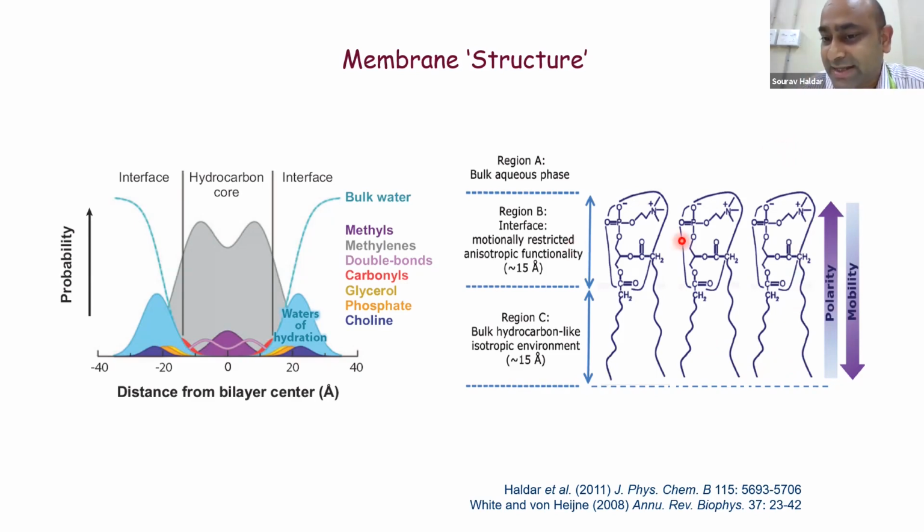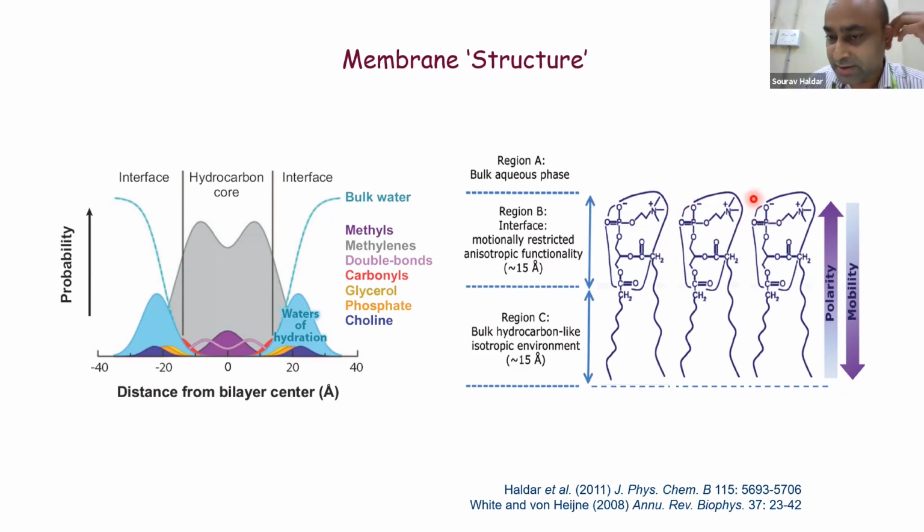In the interface, it is around 16 to 20, depending on what kind of lipid we're talking about, but it is not less than 16, not more than 20. So you already see there is a gradient in polarity, right? Similarly, there is also a mobility gradient. Things are more restricted in terms of their mobility in the interfacial region, because the interfacial region is capable of forming a hydrogen bond network, and that's why they are interacting with water molecules.